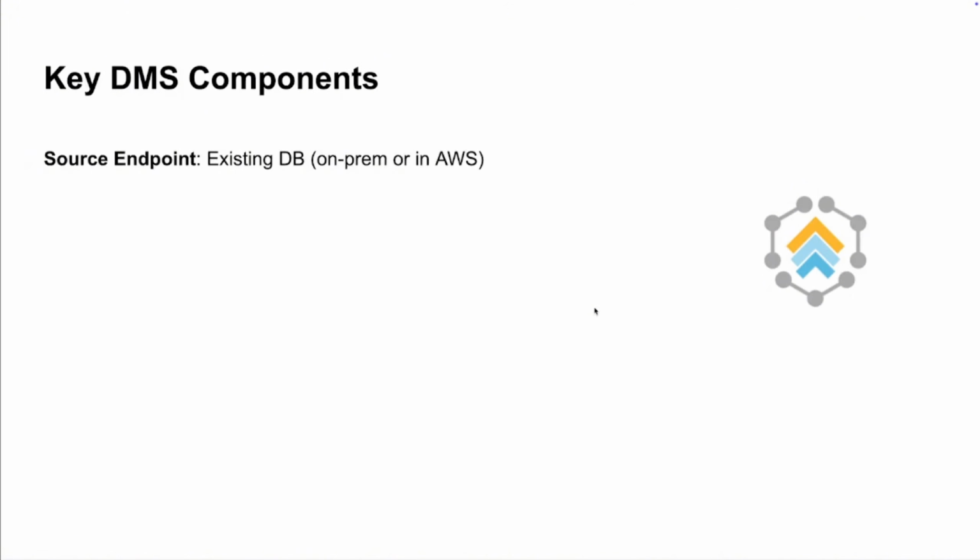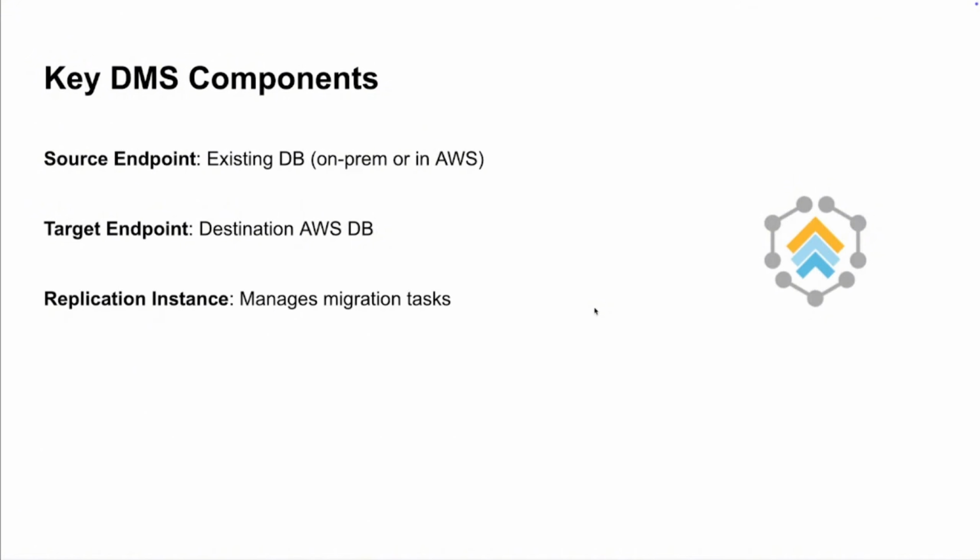So the key DMS components: the source endpoint, which is the existing database, whether it's on premises or in AWS. You need to know where your database is coming from, then your target endpoint, which is the AWS database itself. Then we have what we call the replication instance that manages the migration task. So you want to migrate your database, no matter the size, from one point to another.